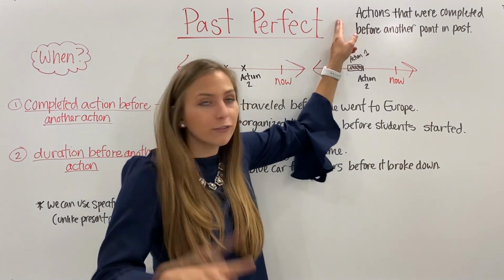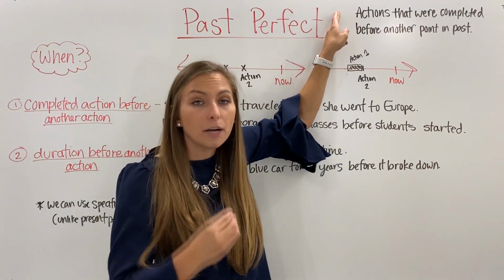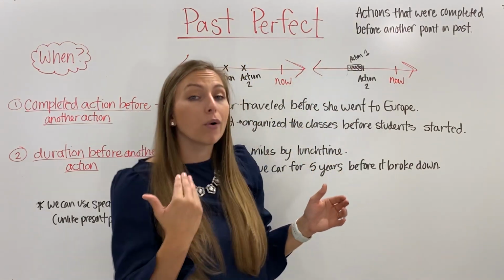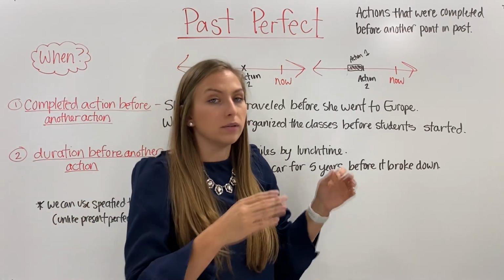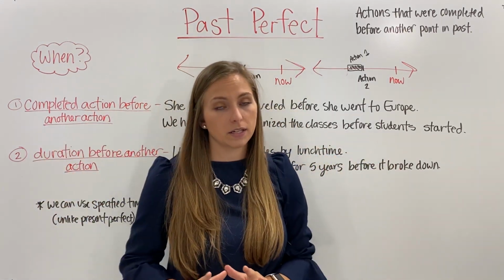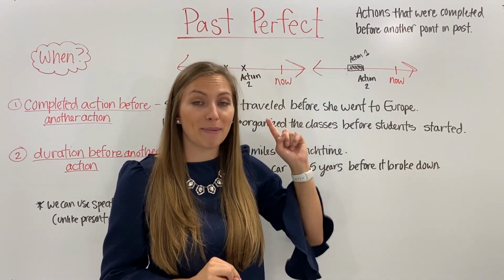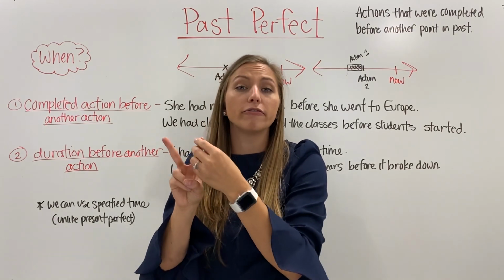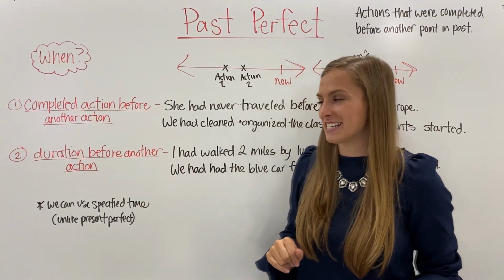The first thing you need to know is that the past perfect tense is talking about actions that were completed in the past, but before another action that was in the past. Okay? So past perfect is all about the past. We are talking about two actions, and how one action happened before the other action. So I'll explain a little bit more in detail.